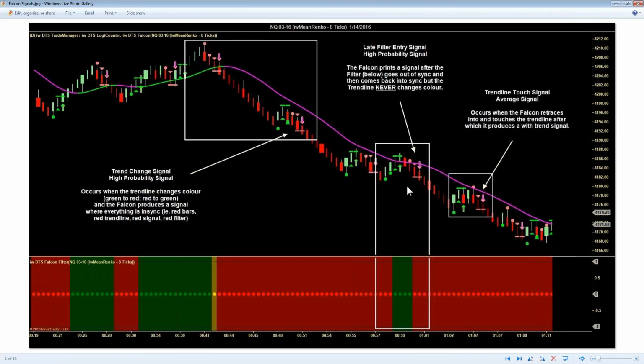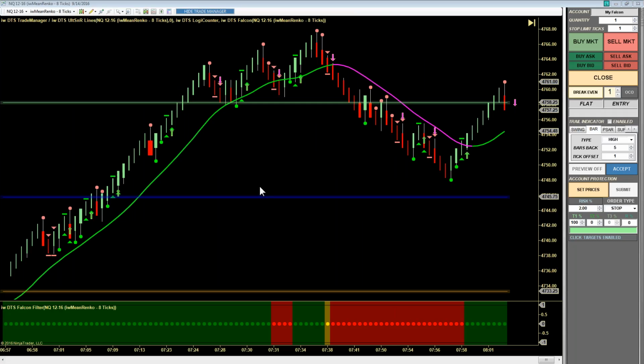We have the late filter entry signal, which means the filter goes out of sync, comes back into sync, but the trend line never changes color. Very important. Then we have your trend line touch signal. And the trend line touch signal is going to have like a bear or bull flag flavor to it.